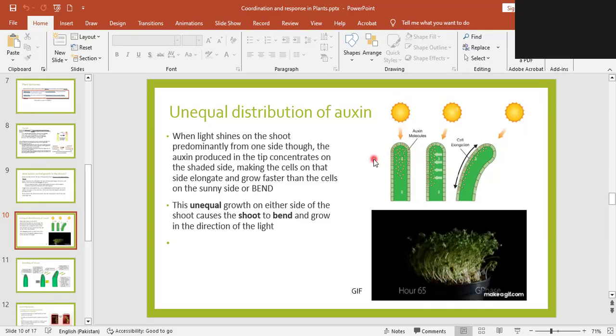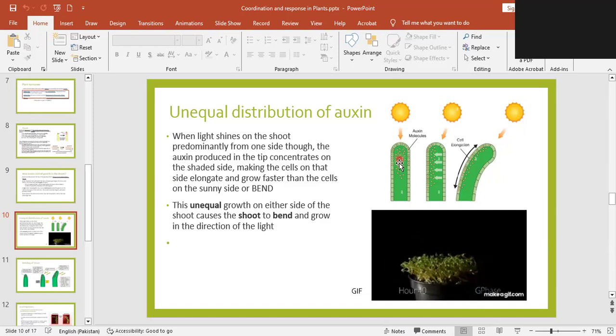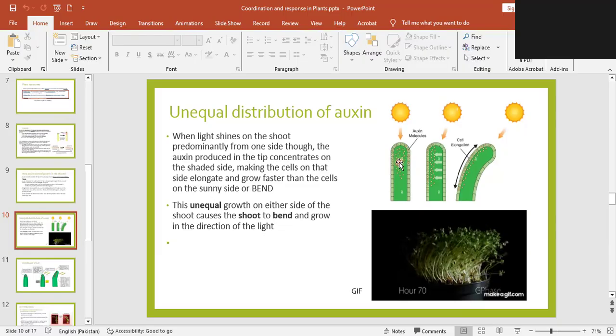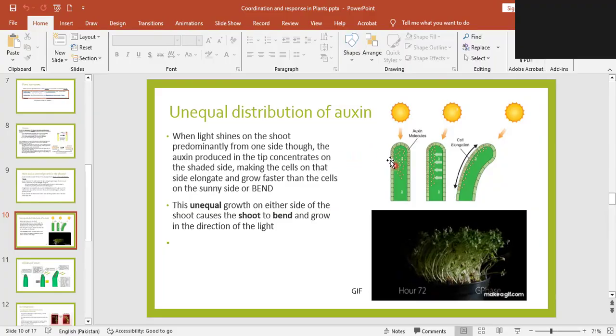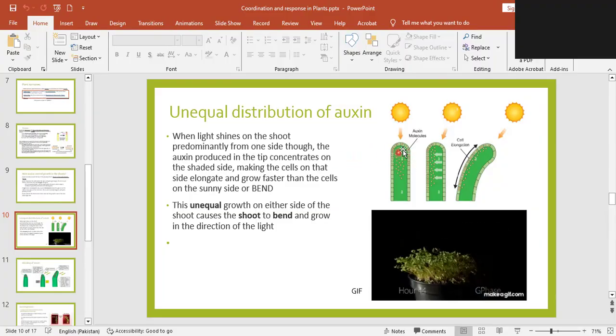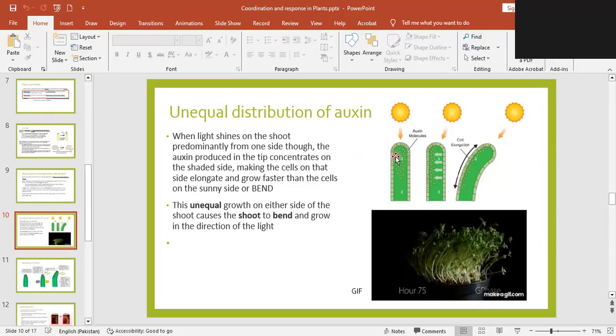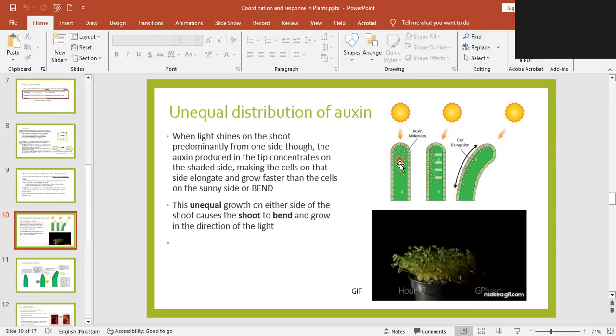Now, what we are observing and concluding, the auxin in the tip will be produced and diffused behind the tip cells evenly because the light falling on the tip is from all the sides. It means all the sides of the tip are activated evenly. They will produce the auxin amount evenly and diffuse beneath the tip, right?